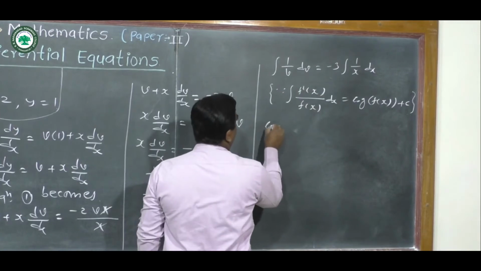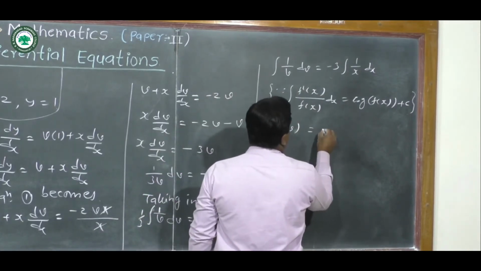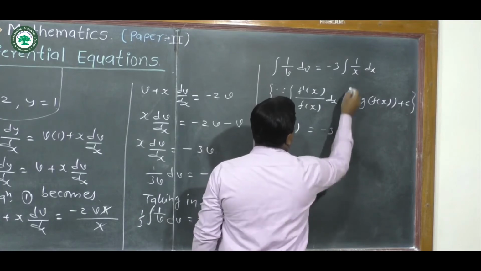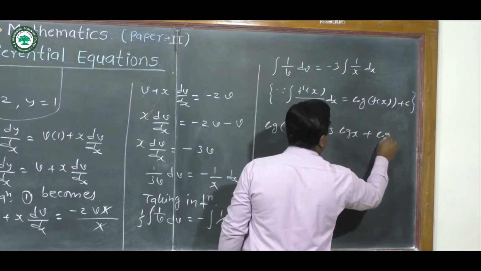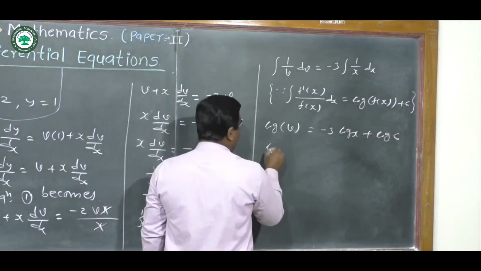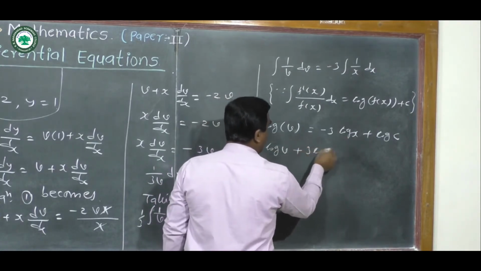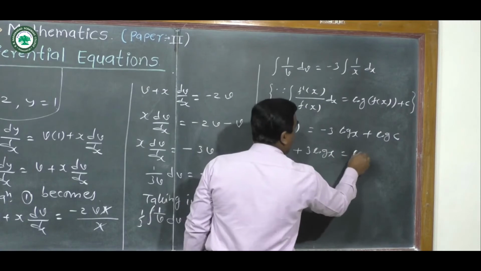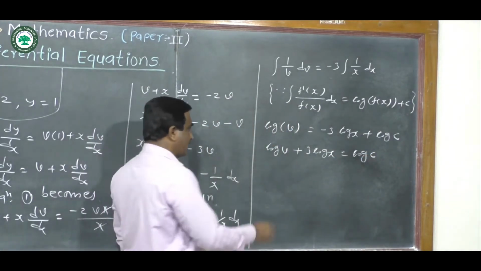Integration of this is log v equal to minus 3 into integral of 1 upon x, log x plus constant of integration log c. Okay, that is, we can write here log v, take this term to the LHS, plus 3 log x equal to log c.